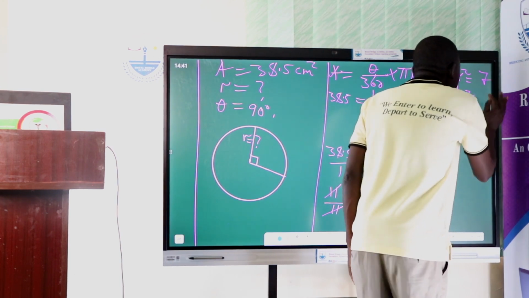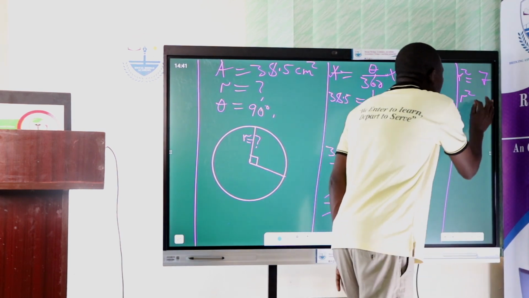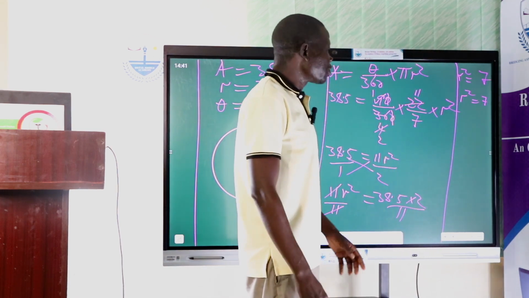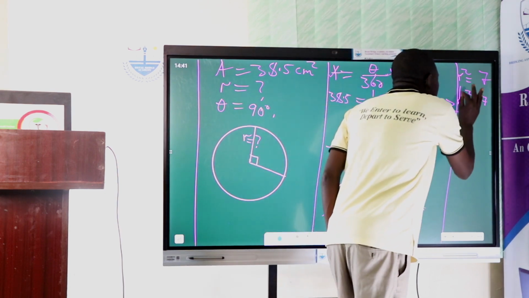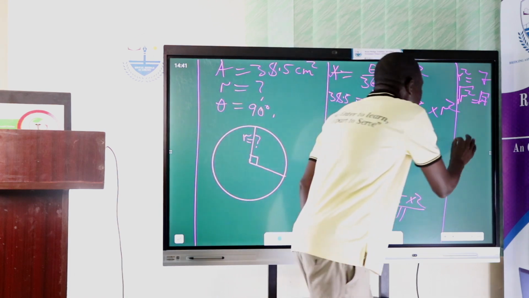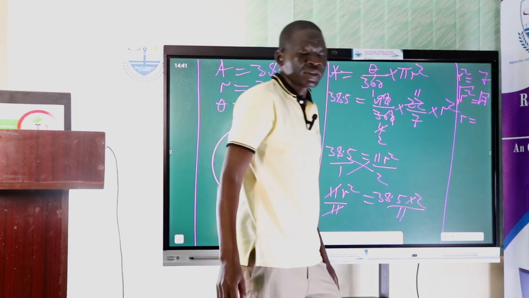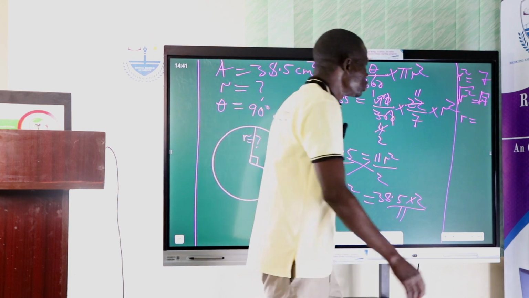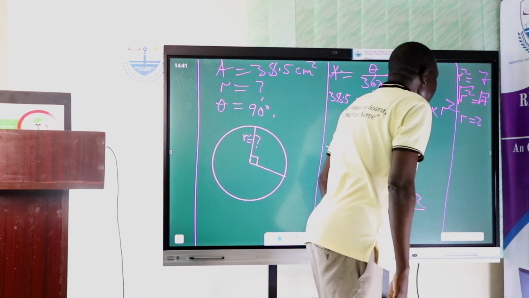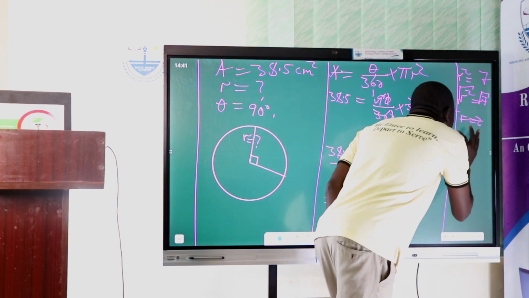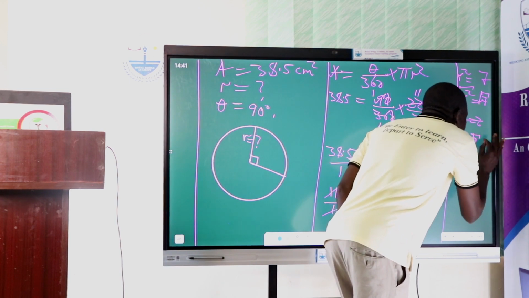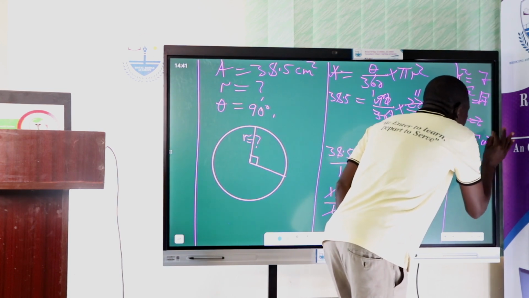But we are interested in getting r. So it means that we have to remove the square. How do we remove the square? By taking square roots on both sides. The square root of r squared is r, and the square root of 7 is root 7. We can leave it in surd form, which is root 7 centimeters.